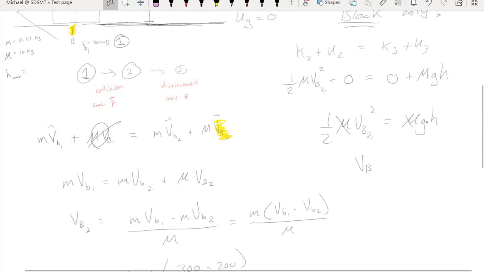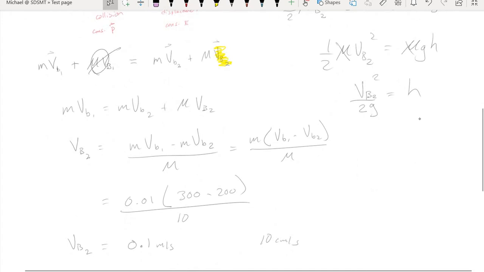And so the height of this block is going to be the velocity of the block from site 2 squared over 2g. I'll put some numbers into that.